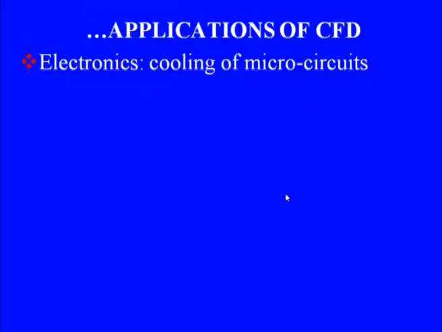Design of electronic systems. Every day the chip makers are coming up with smaller and smaller microcircuits or integrated circuits with billions and billions of processing units built into a very small area, and cooling of these circuits is one of the major concerns in the electronics industry.